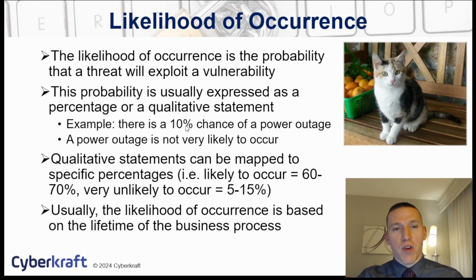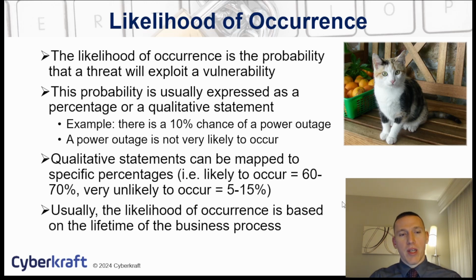Maybe we experience major power outages that last more than 4 hours once every 10 years. We could say that there's a 10% chance of a power outage each year. Now we can map these percentages to qualitative statements, such as likely to occur, unlikely to occur, very likely to occur.